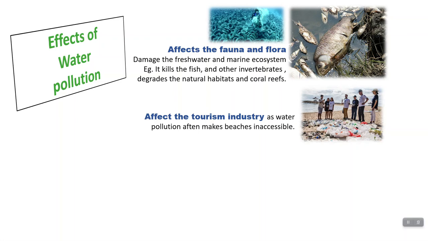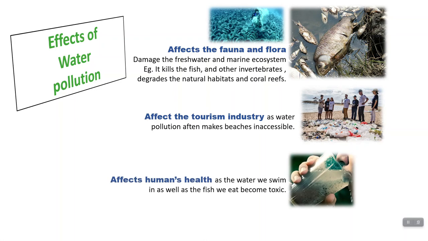We weren't even able to fish in that sea because the animals in the water became toxic themselves with the pollution. So the water we swim in, as well as the fish we eat, can become toxic if the water is polluted. As a conclusion, liquid waste from factories contaminates canals, rivers, lakes, and groundwater.